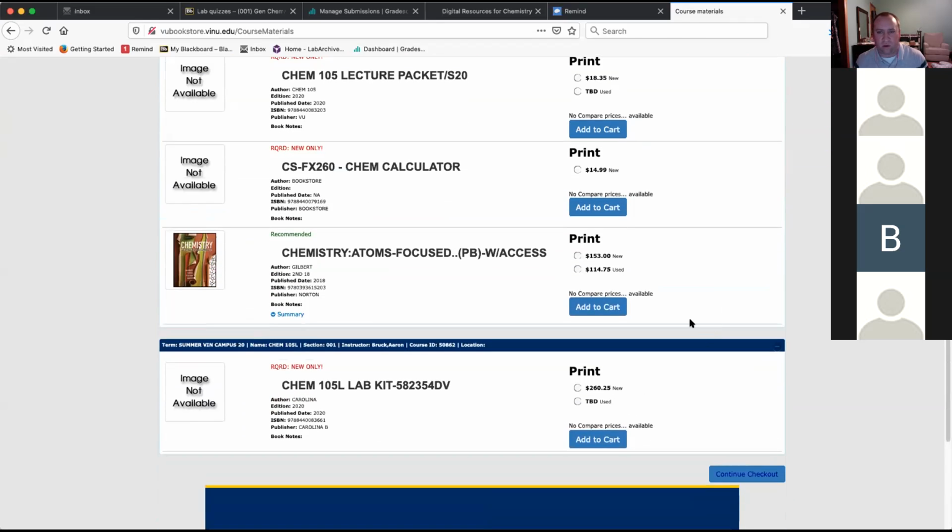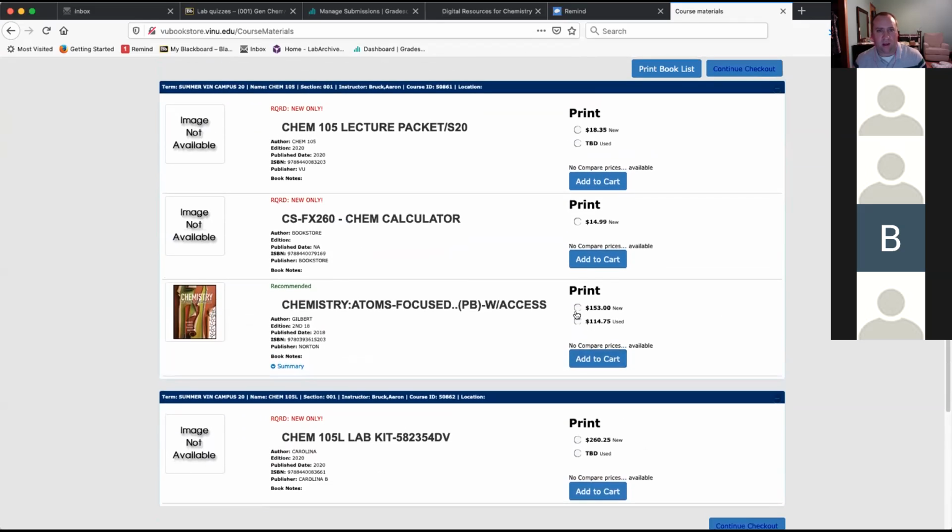Just select the things that you need. I would strongly suggest getting the lecture packet if you like writing down your notes, or if you like having paper copies of things. It's $18.35.